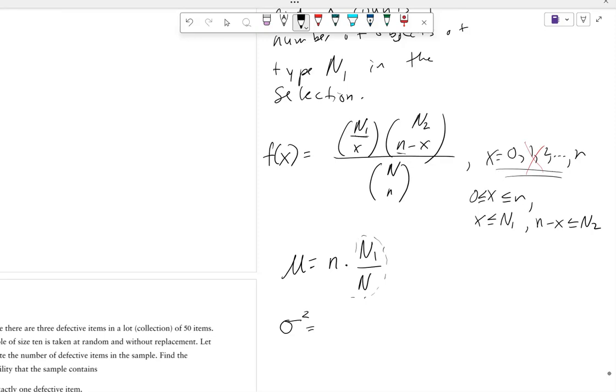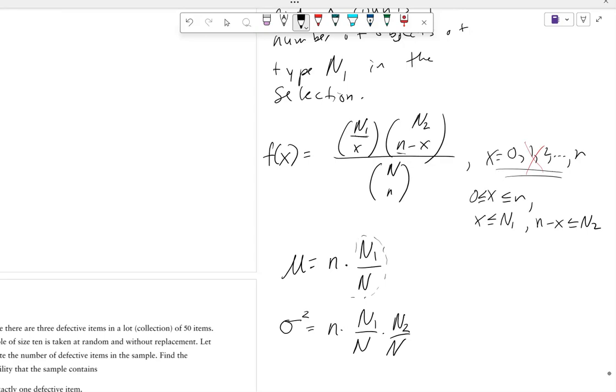If you've got 300,000 objects and you're picking 10, 1 out of 300,000 is just about the same as 1 out of 299,299, right? They're really, really close together, okay? What's your variance for the binomial? NPQ, right? So in this case, your N and your P is your percentage of the objects that would be of type 1. Your Q then would be the percentage of the objects of type 2.